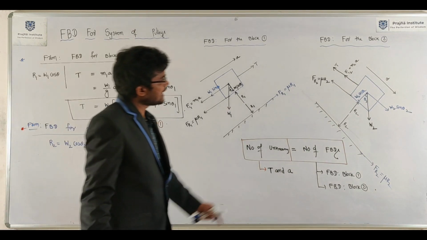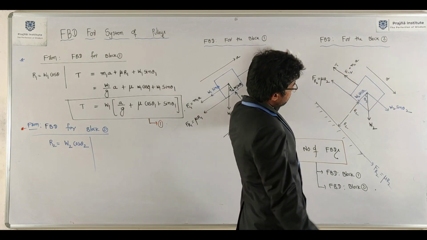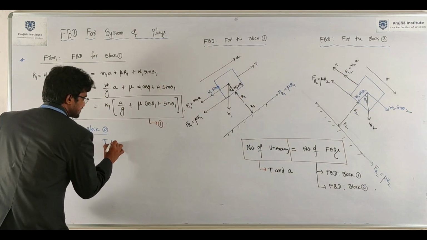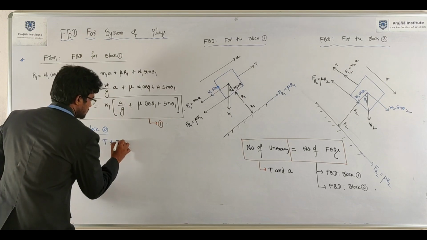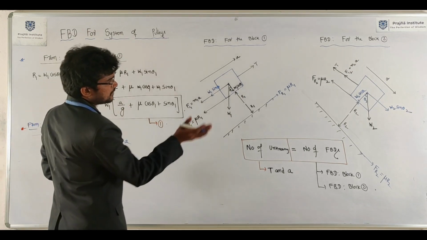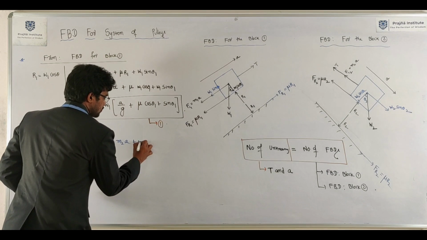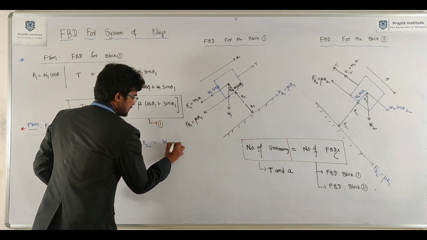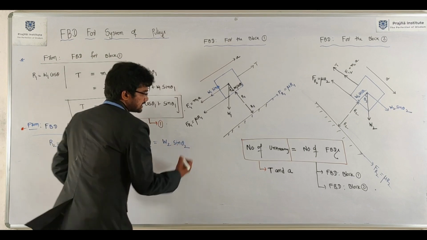Next, the sum of the left forces equals the sum of the right forces. Tension T plus M2A plus mu into R2 equals W2 sin theta 2.